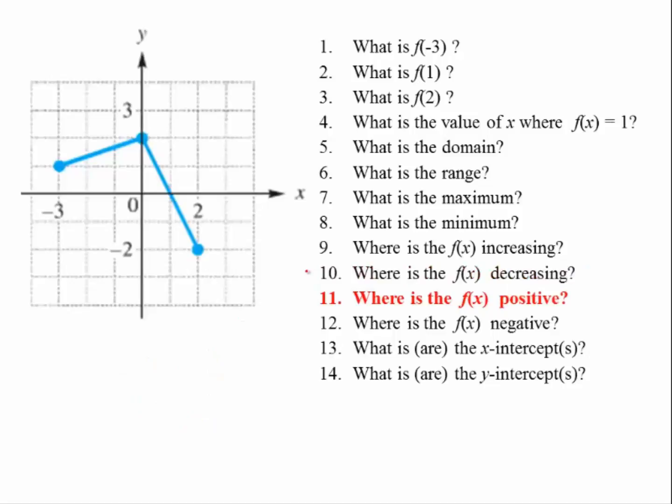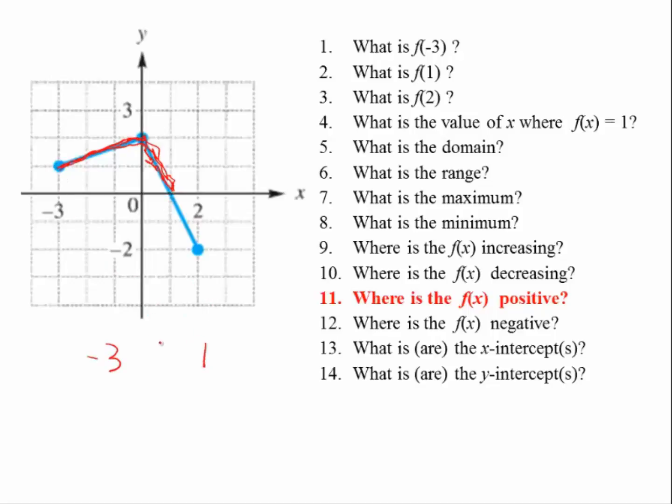Where is f of x positive? f of x is positive in this quadrant, so all these y values in quadrants 1 and 2 are positive. From here to here, all these are positive y values. We would say from negative 3 up to this x, which is 1.